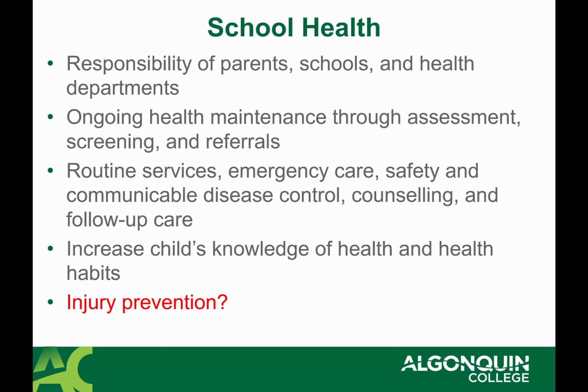School health, this is pretty self-explanatory. Injury prevention might include things like motor vehicle crashes. They're the most common cause of severe injury and death in school-age children, either as a pedestrian or as a passenger.